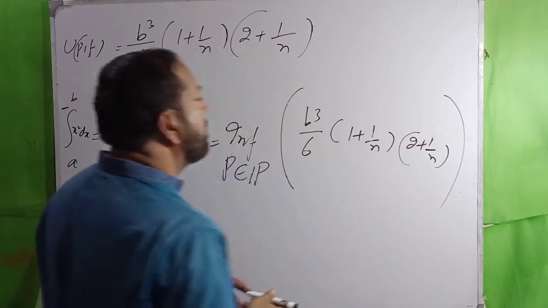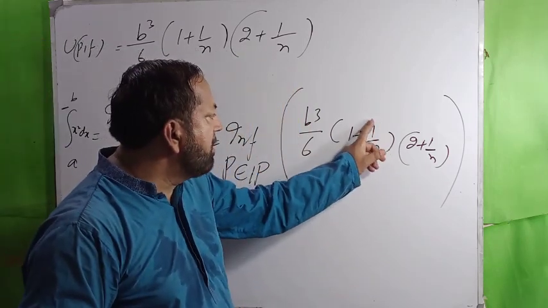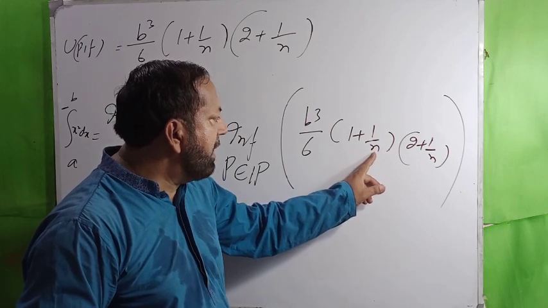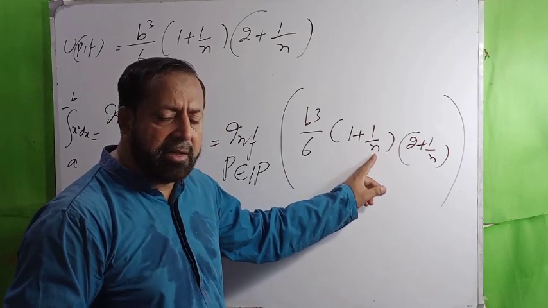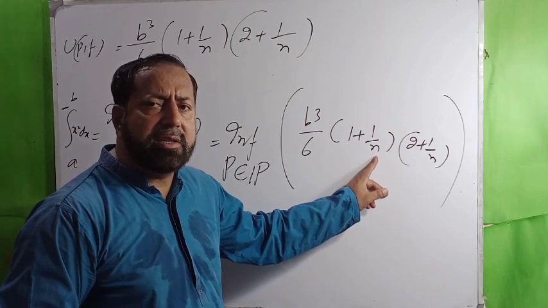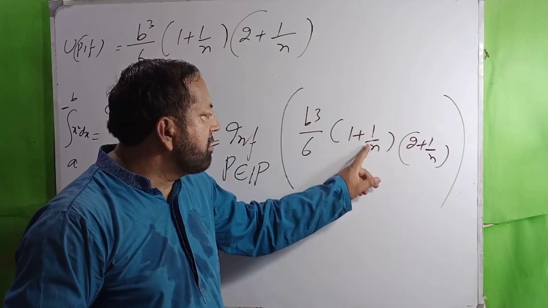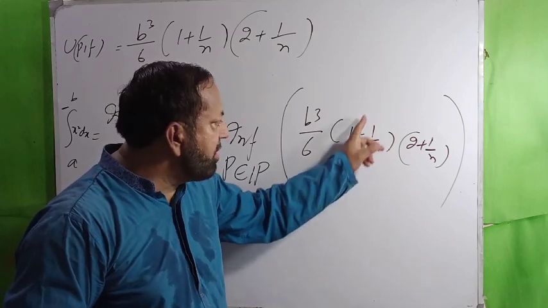Right. Now you see that when you are taking infimum and you vary n, n is in fact the number of points. If you increase the number of points, this value is decreasing, in fact.